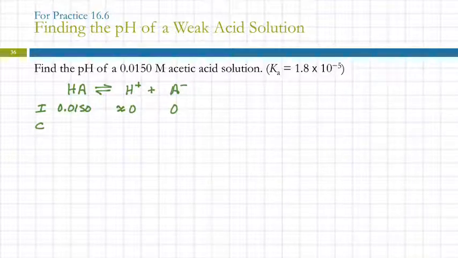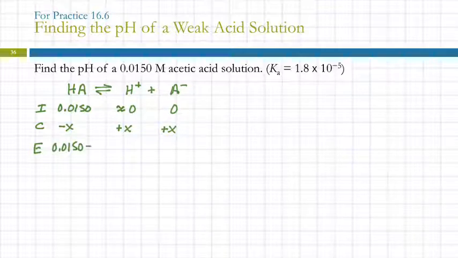We look at the change. The acid's going to lose X. These products are going to gain X. And at equilibrium then, we have 0.0150 minus X, X, and X.